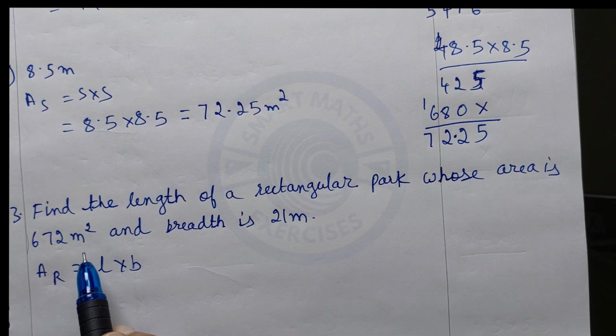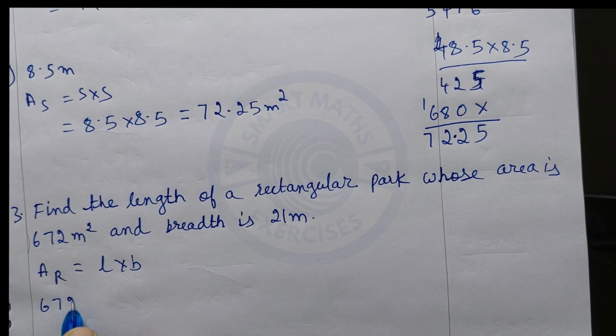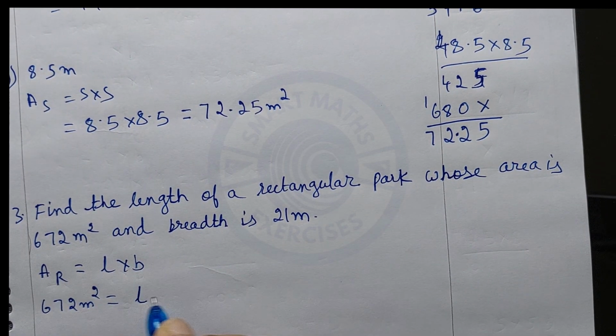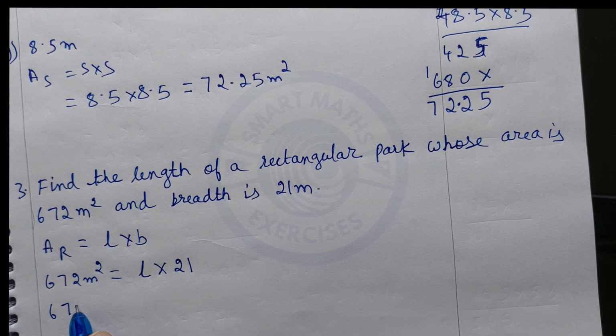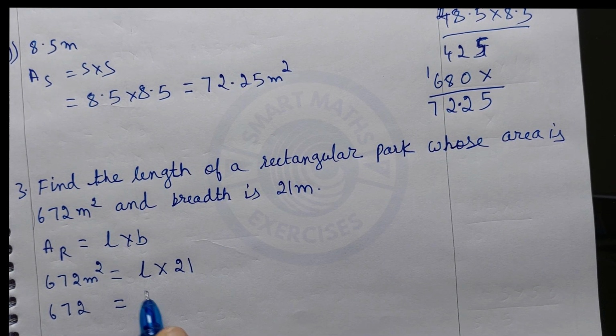Here breadth is given and area is given. Area is 672 meter square equals length, they have not given, so write L as it is, into breadth. Breadth is 21. We'll keep 672 as it is. Multiply 21 into L, 21L.